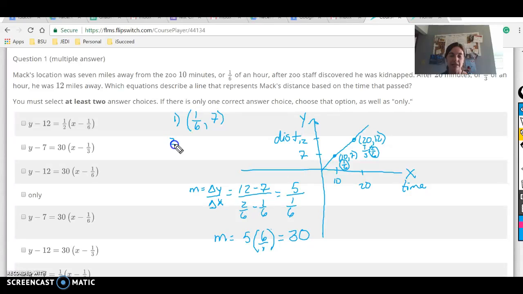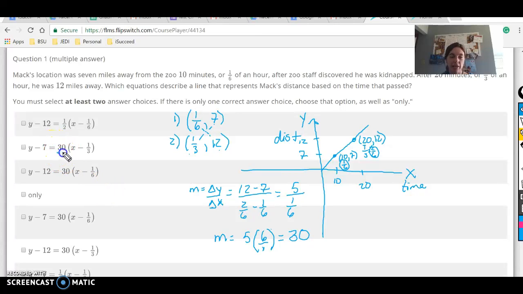Okay, and my second coordinate is at 2/6 or 1/3 and 12. Okay, in the point slope equations that I use, I can only use 1/3 with 12, and I can only use 1/6 with 7. I can't mix up 1/3 with 7 and 1/6 with 12. I have to keep it within the coordinate that works here, okay?